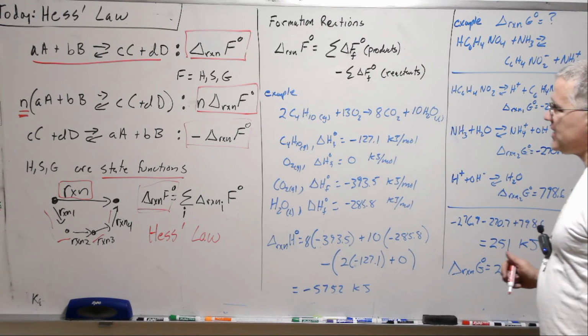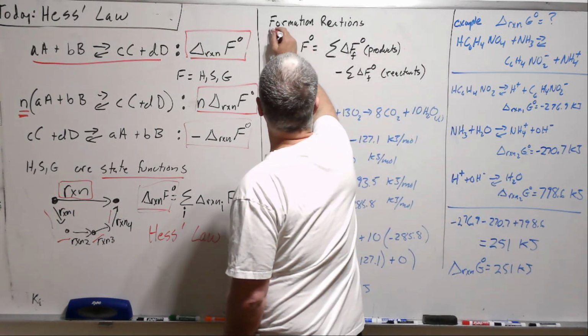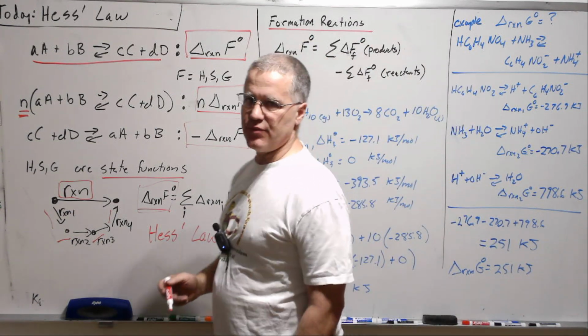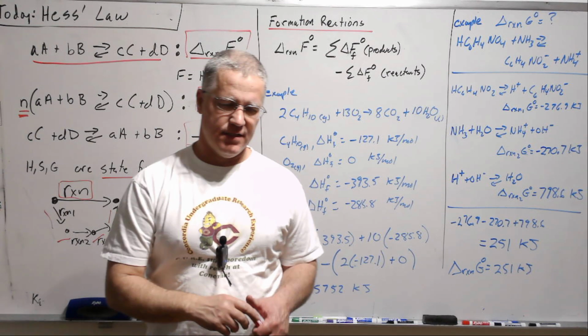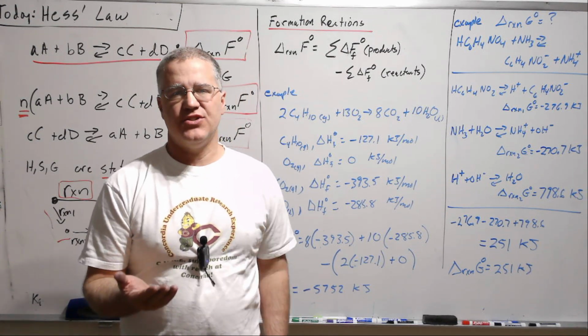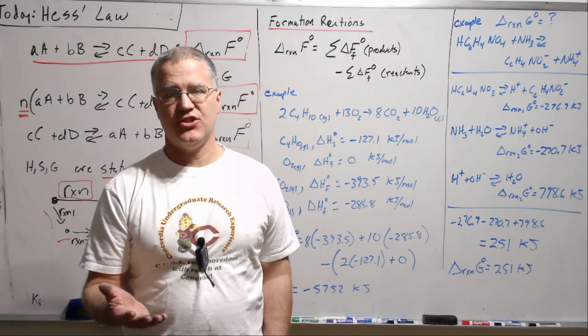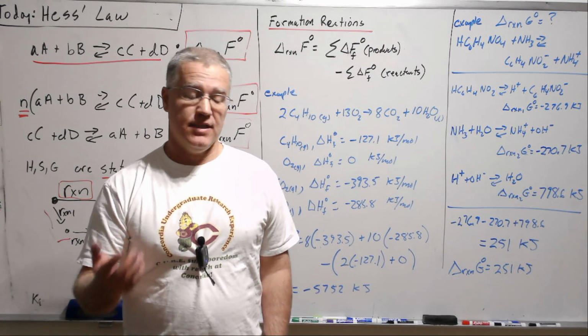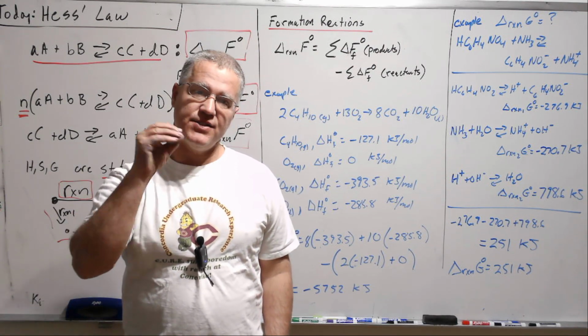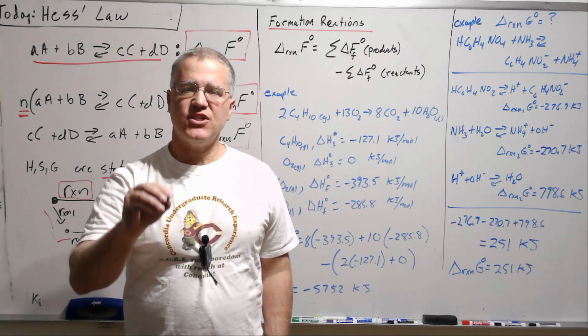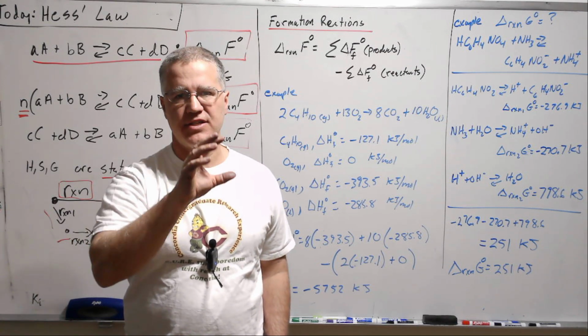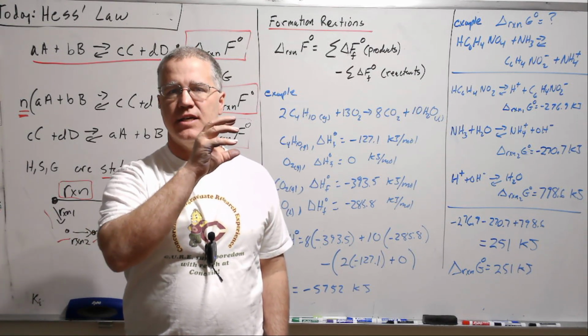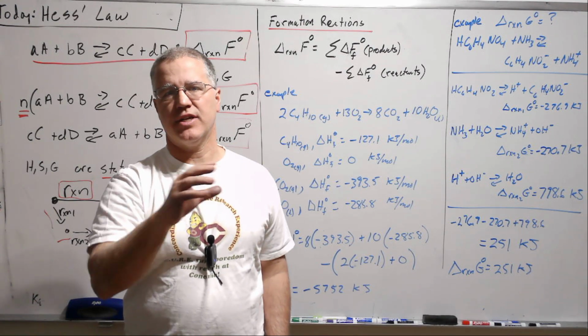Now, there's a very special case of this with what are called formation reactions. Although these reactions often don't happen in nature very readily, what they are is the reaction for forming some molecule from its elementary components.